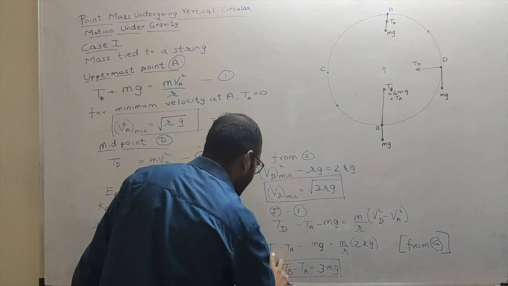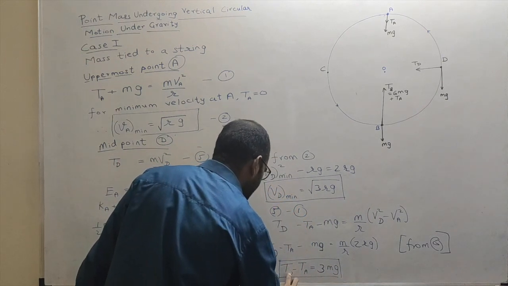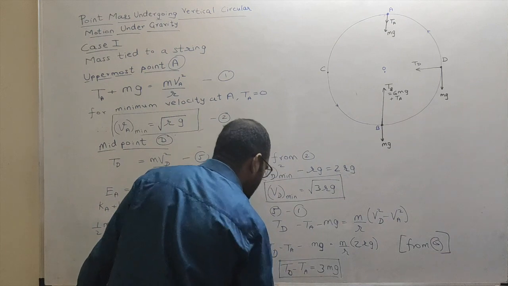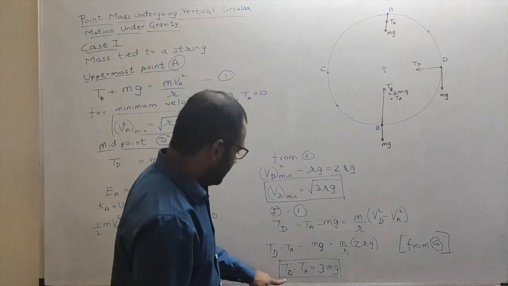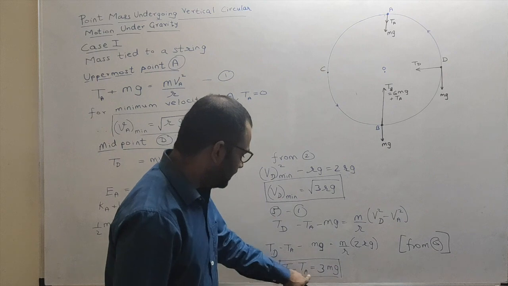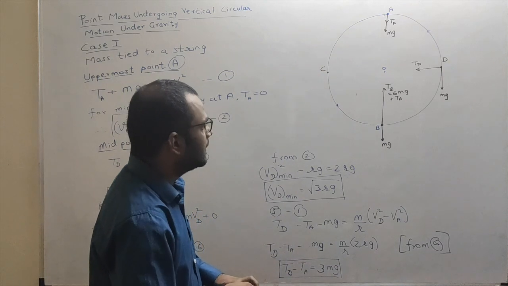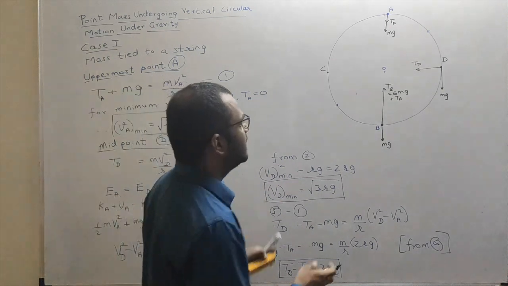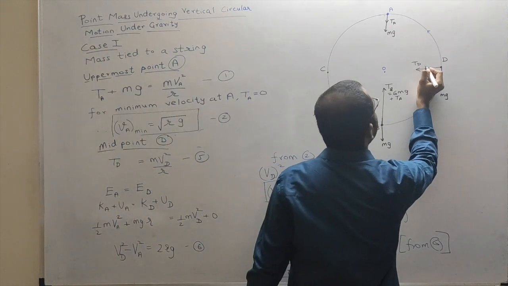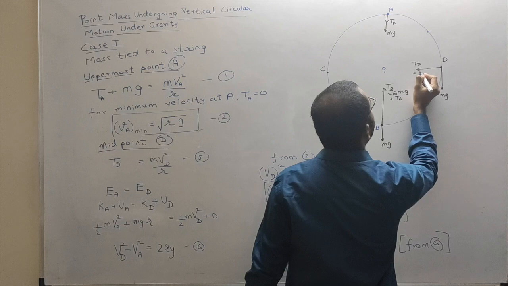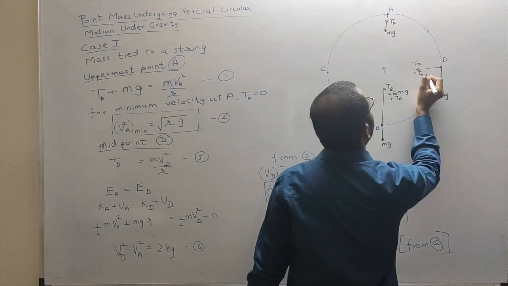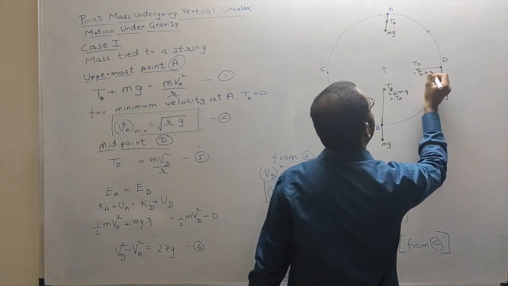So TD minus TA is equal to 3mg, which will give me that TD is nothing but TA plus 3mg. So over here I can mention TD is equal to TA plus 3mg.